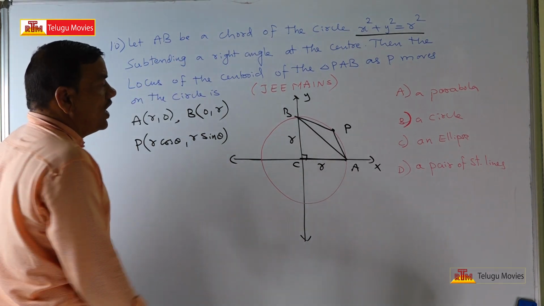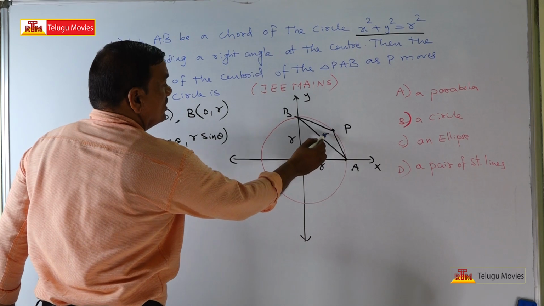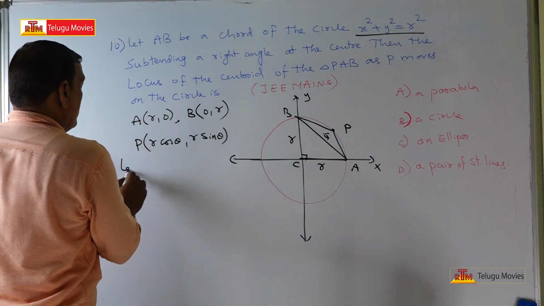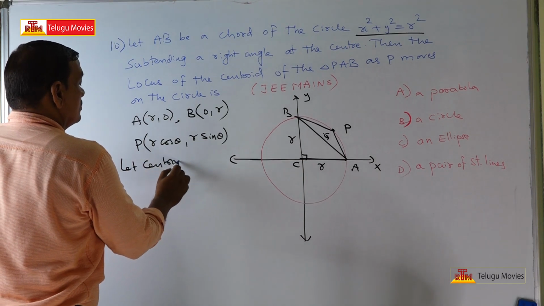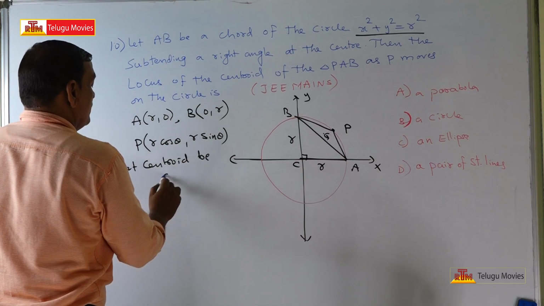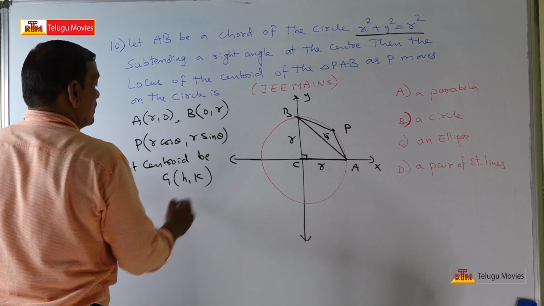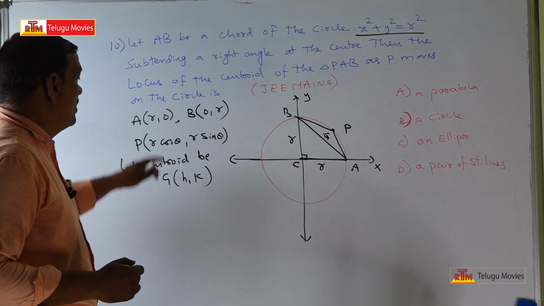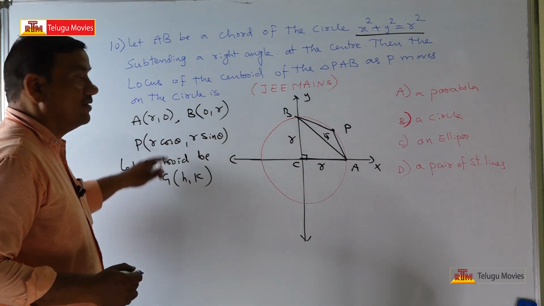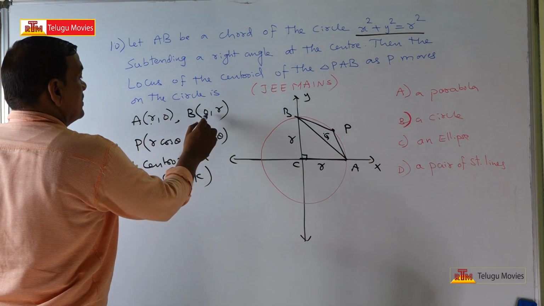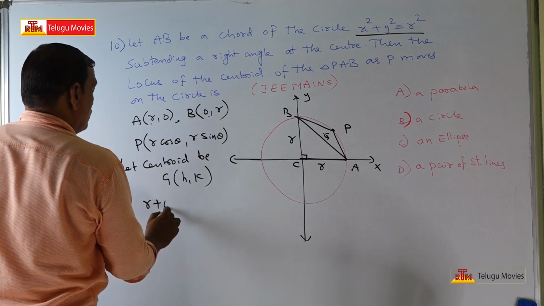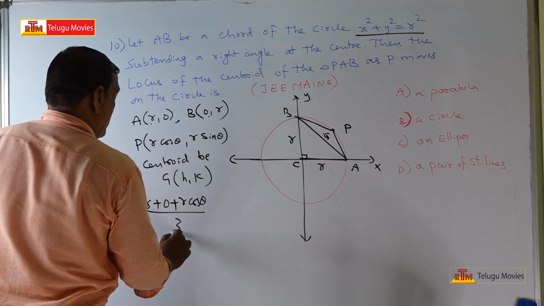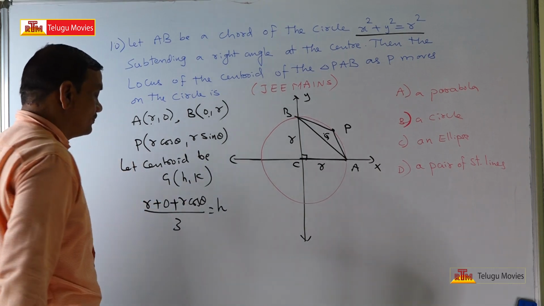So we have to find out the locus of the centroid of the triangle PAB. Let the centroid be G (h, k). What is the centroid formula? (x1 plus x2 plus x3) by 3. That means (r plus 0 plus r cos theta) by 3 is equal to h.